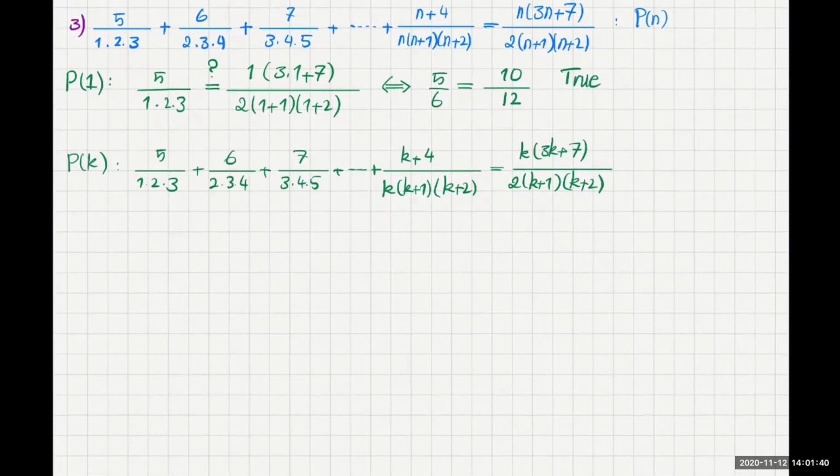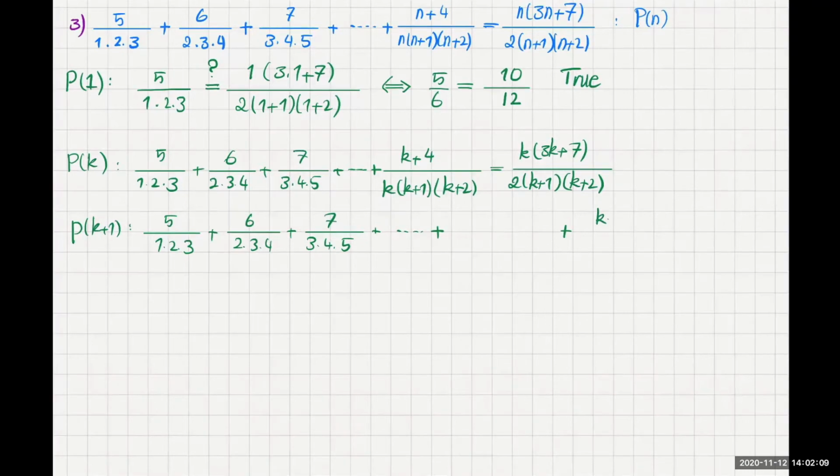For P k plus 1, you need to be a little bit more careful. So this means that I have 5 divided by 1 times 2 times 3 plus 6 divided by 2 times 3 times 4, 7 over 3 times 4 times 5, and then I continue until the k plus first step. So it means that wherever I see k, I replace it with k plus 1.